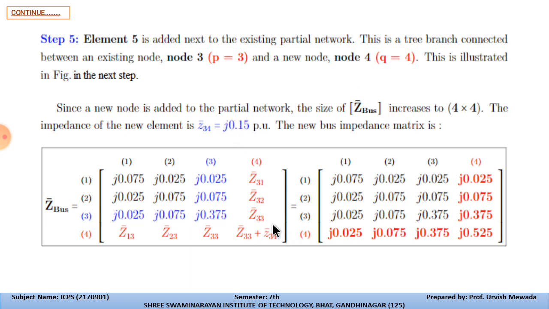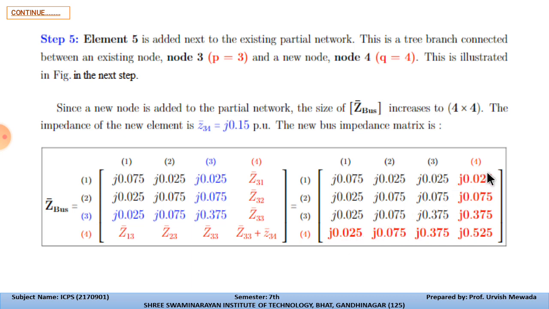So by placing this 0.15, we will get 0.0525. So Z31, it is 0.025, and Z32, so it is 0.075, and Z13 will become the reciprocal of this one.